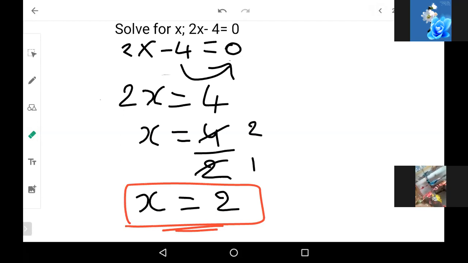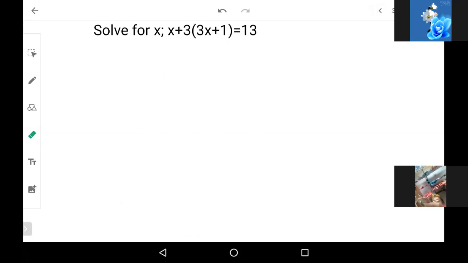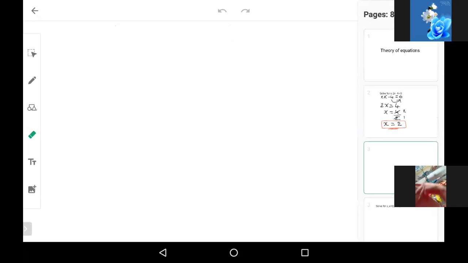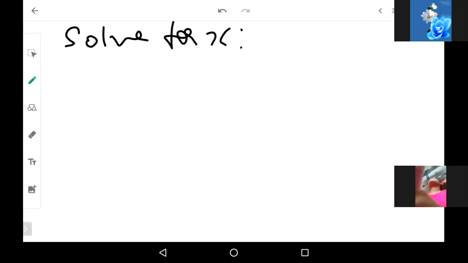Wait a second. Okay, we'll solve one more question before this and then we will go. So the next question is, solve for x, when x plus 3 plus x is equal to 5.